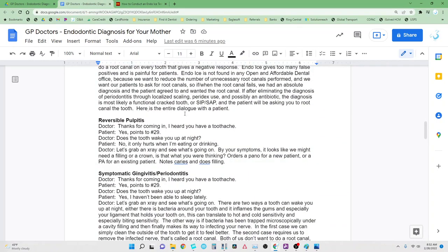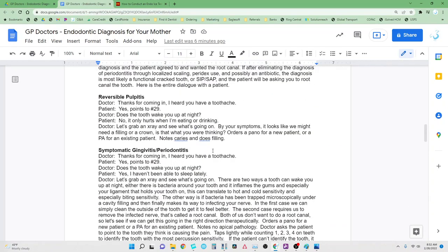So here are some scenarios that happen all of the time, okay? Patient comes in, and the appointment basically says toothache on number 29, okay? So the doctor comes in: hey, I heard you have a toothache. And the patient's like, yep, I've got a toothache right over here on the right side. First question, does that tooth wake you up at night?